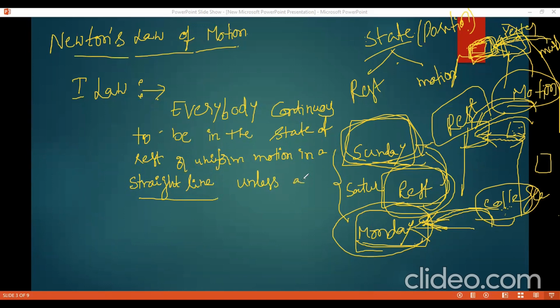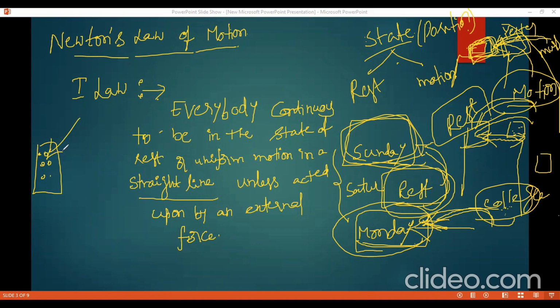Unless acted upon by an external force. That is, you are watching mobile on Sunday. Your mother came and you are enjoying, watching different things on the mobile. And your mother is forcing you to give the mobile.